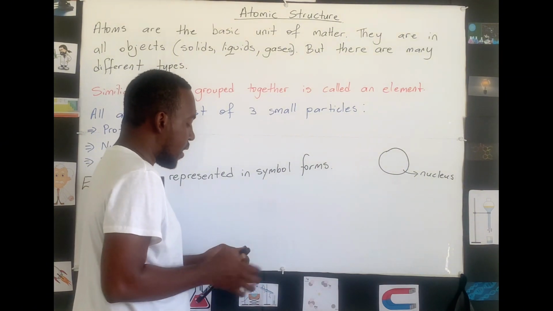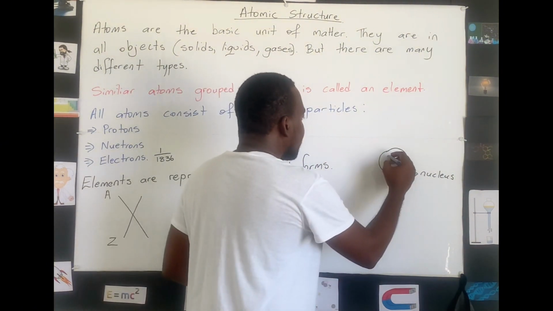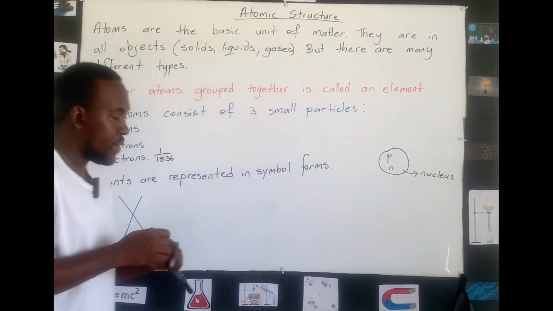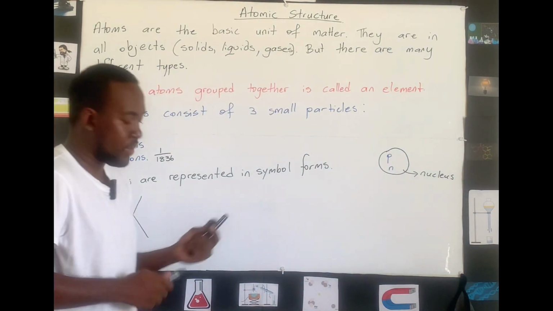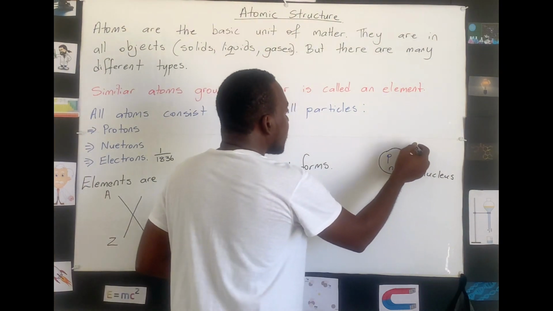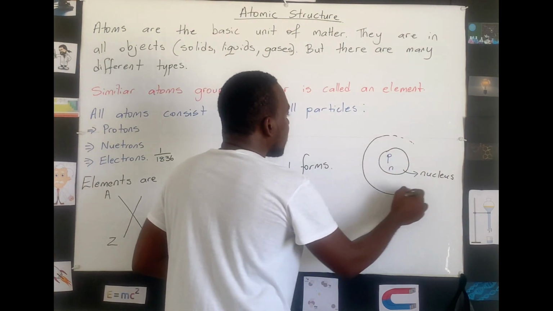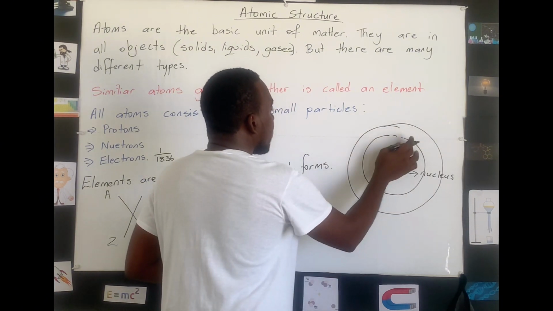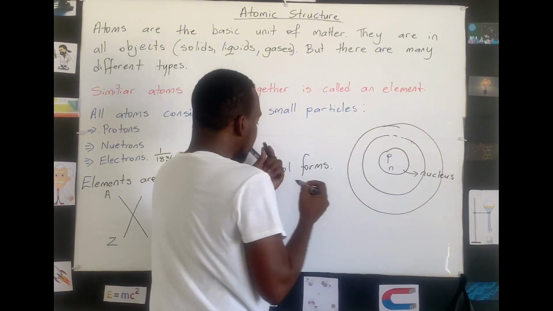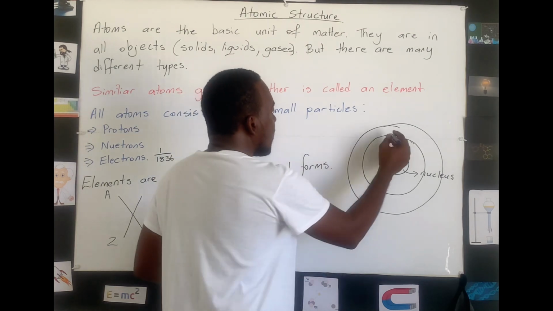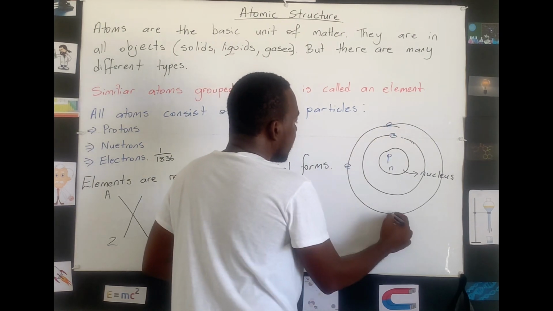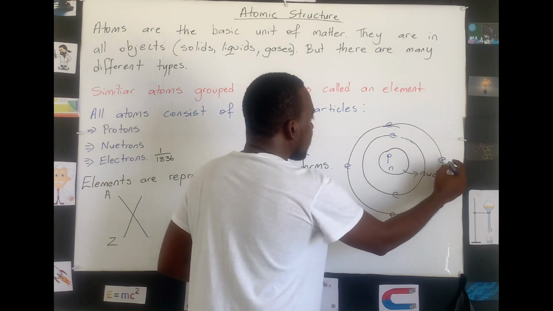These particles are the protons, which we represent by P, and the neutrons, which we represent by N. Now, around the nucleus, we have shells, right? And these shells are where the electrons are located. So the electrons are on the shells.